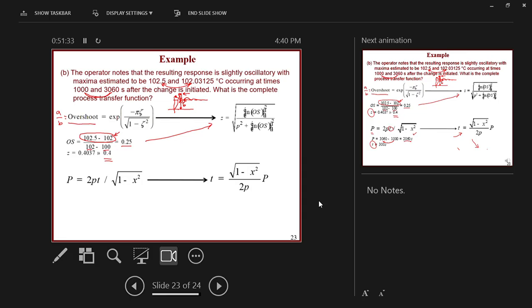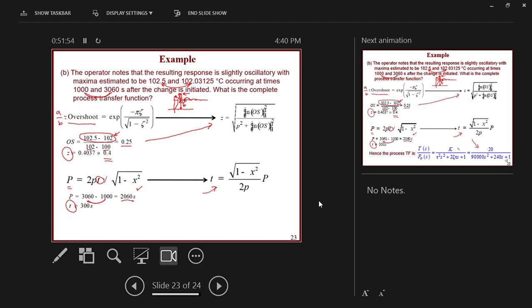So if the period is known, I can calculate the tau because now I know this zeta. The period is the difference, as I said, and substituting this in this equation will give us the value of the tau. So now I have the zeta, and now I have the tau.